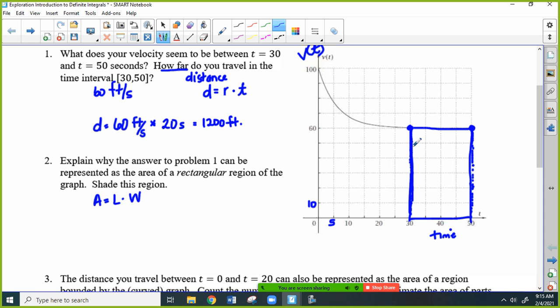How tall is this rectangle? 60, yeah. And then how wide is this rectangle? 20, good. And so we literally get the same thing, right? So the distance ends up equaling the area of this rectangle. You with me on that? Okay.